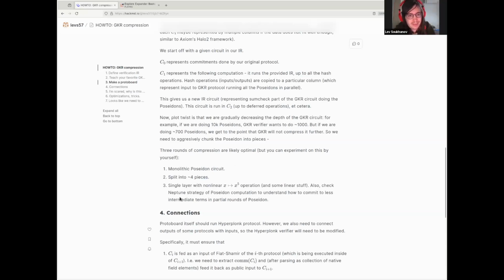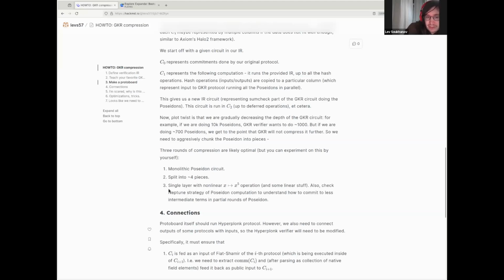And I think on the third layer, it is probably okay to actually do something very shallow, for example, a single layer with nonlinear fifth power operation and some linear combinations that you use to do Poseidon. So Poseidon is expressed as fifth power operation and some linear combinations.